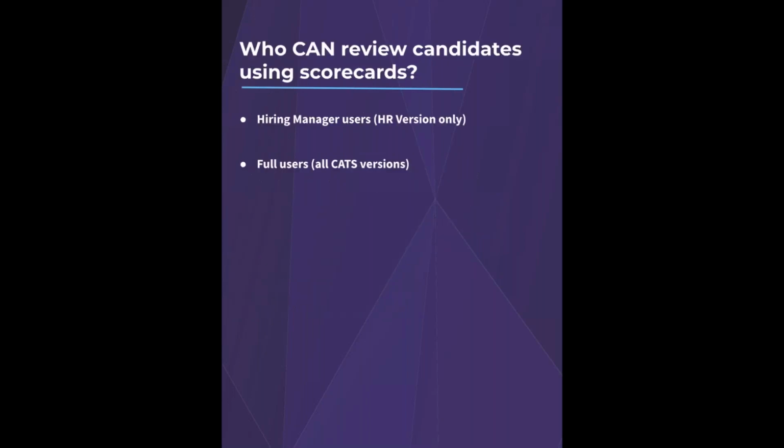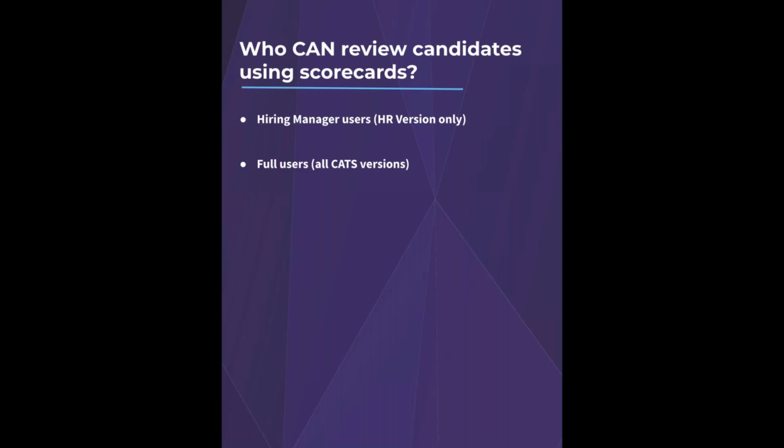So who can review candidates using scorecards? If you remember last month, we talked about submittals and the different types of people who can review them. It's basically leave a note, hit approve or decline, and that's it. Scorecards are a little more in depth, and it's not the same people who can use them.